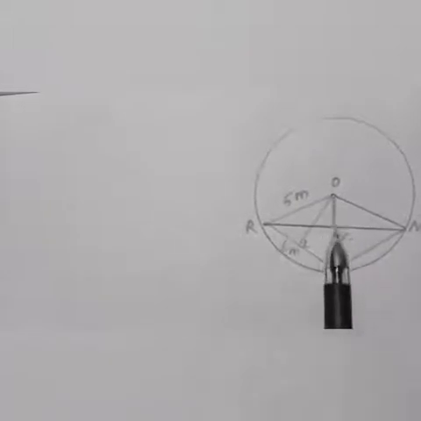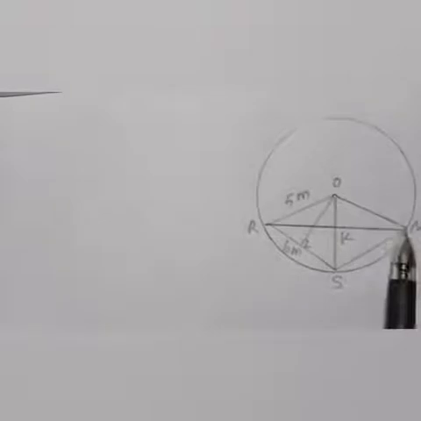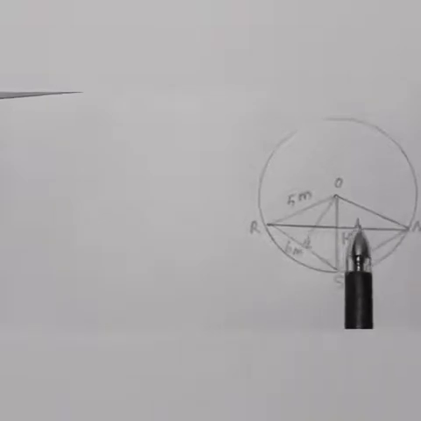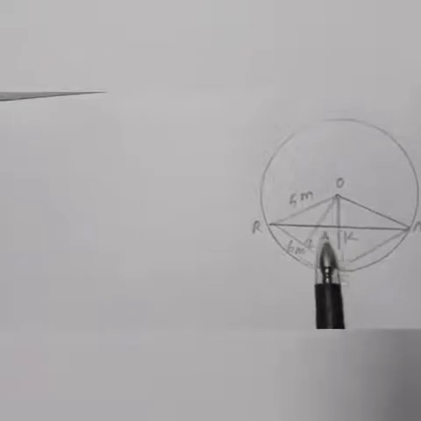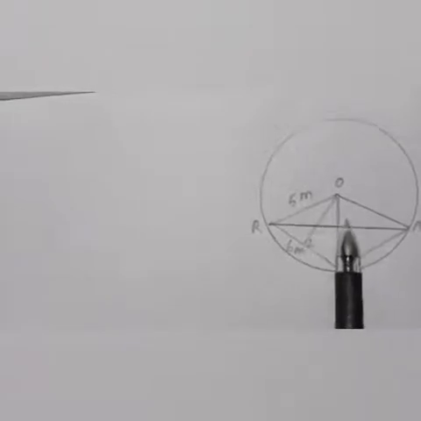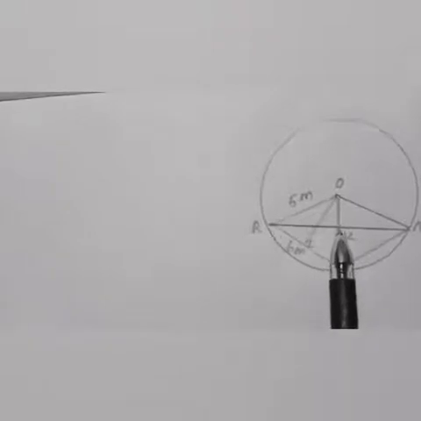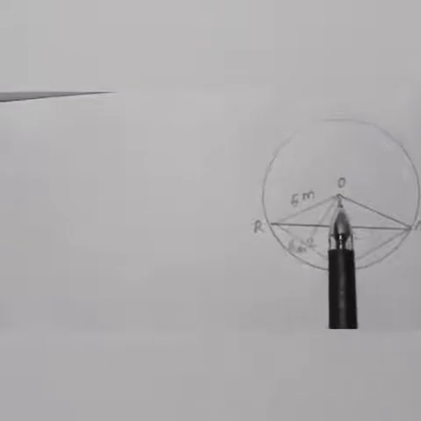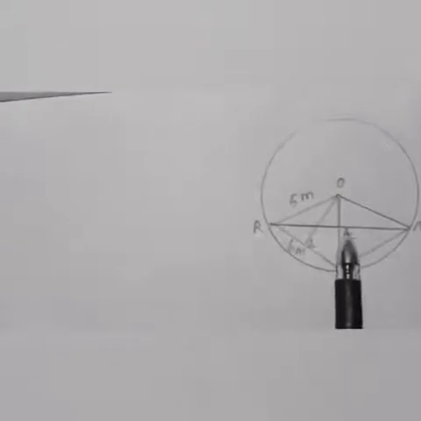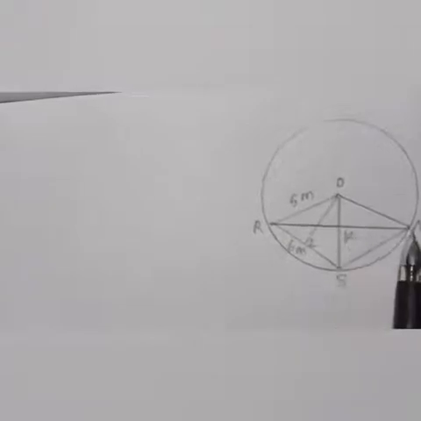OK means this. This is perpendicular to RM. The line drawn through the center of a circle to bisect a chord is perpendicular to the chord. So RK is equal KM.